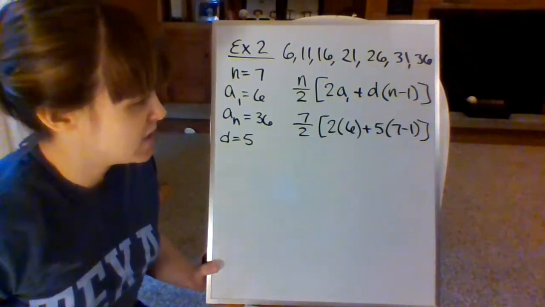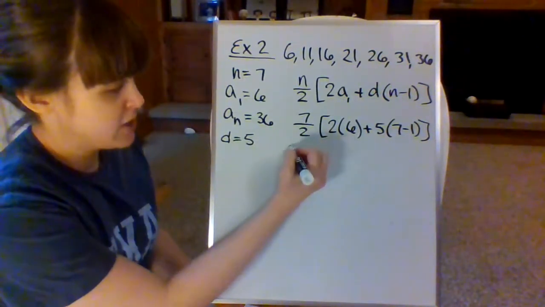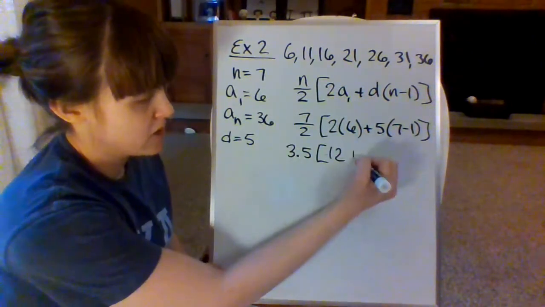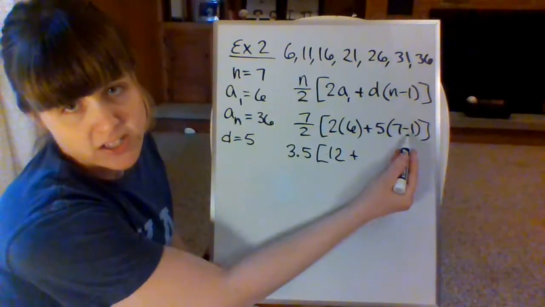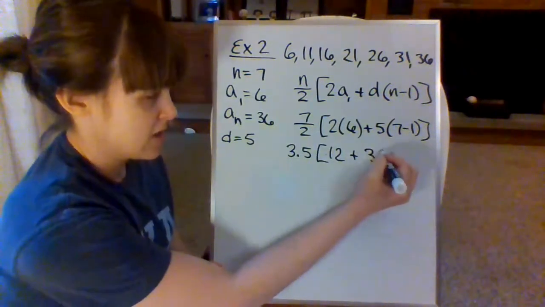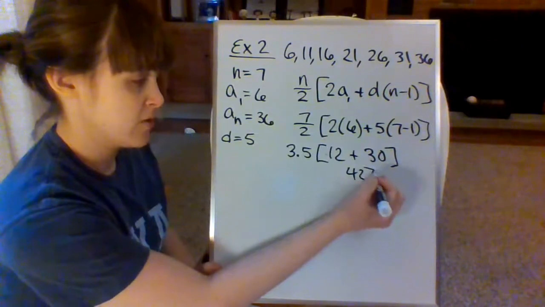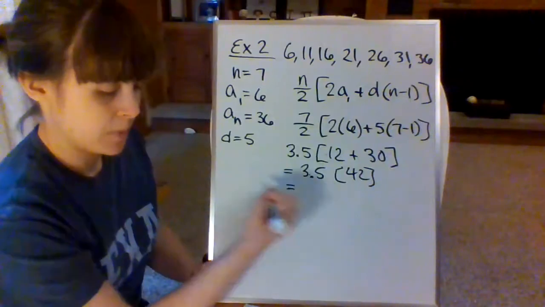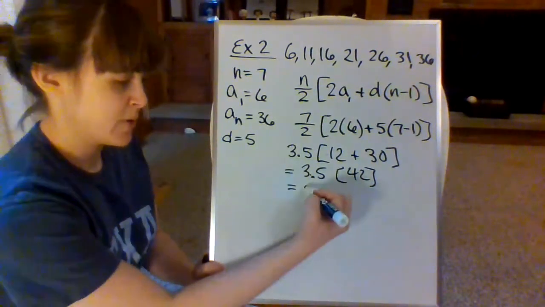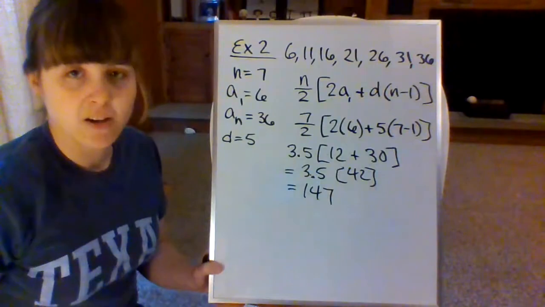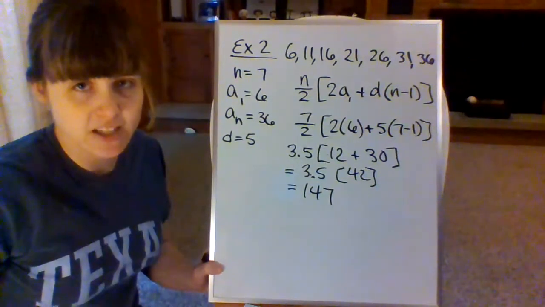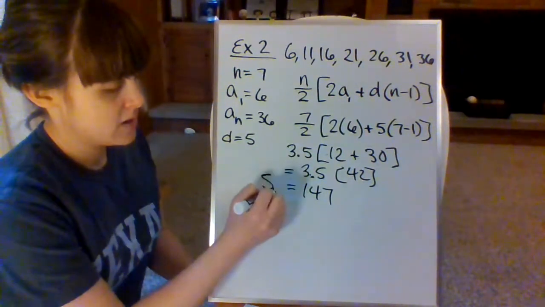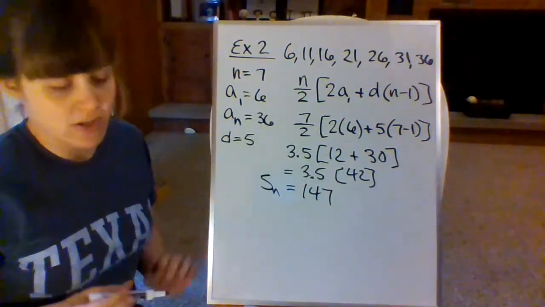So 7 divided by 2 is 3.5. 2 times 6 is 12. And 7 minus 1 here is 6, so 5 times 6 is 30. So 42 times 3.5 equals 147. If you were to add all those numbers together in that list up there, it would equal 147. Okay, so that's example 2.